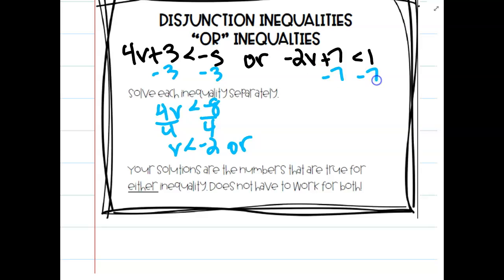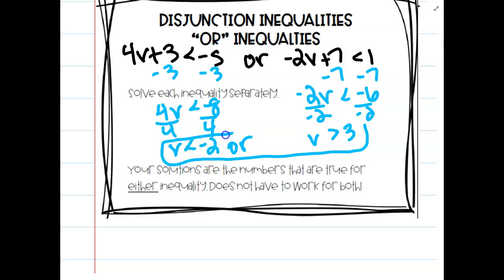So if I subtract 7, -2v is less than -6. Divide by -2. Divide by negative, flip the sign, so v is greater than 3. So your answer, v has to be less than -2, or it has to be greater than 3.